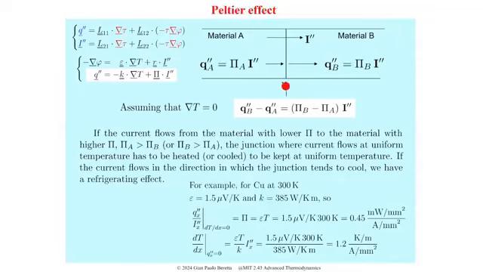So essentially, this jump calls for the balance of energy that is needed for it to exist, and therefore this junction transforms into either a cooler or a heater, depending on the difference of the Peltier coefficients and the direction of the current. So if you choose a Peltier pair in which, say, pi B is greater than pi A, and you run the electric current so that this is positive, then QB is greater than QA.